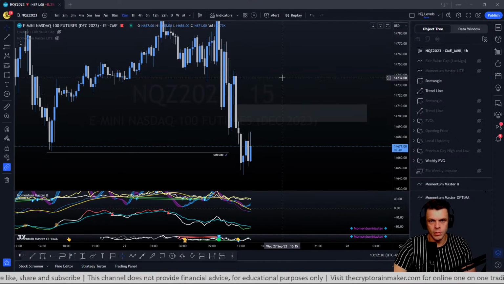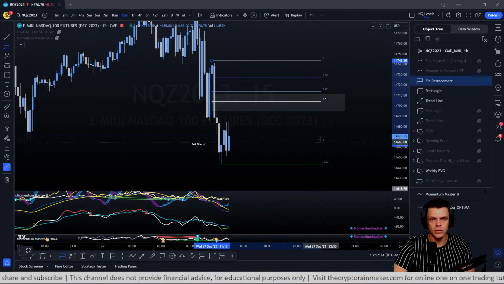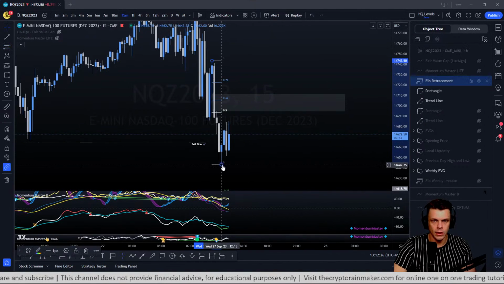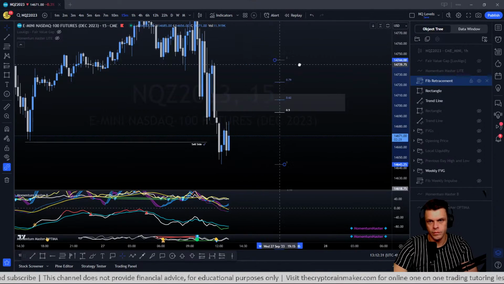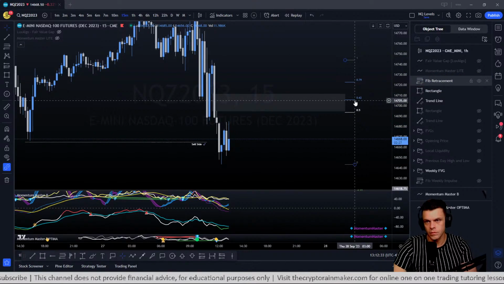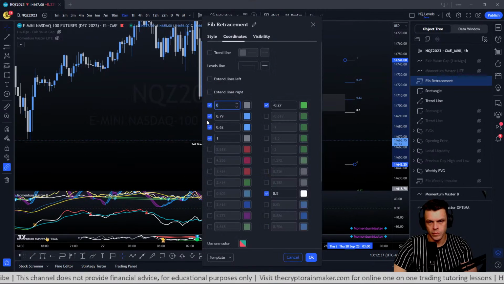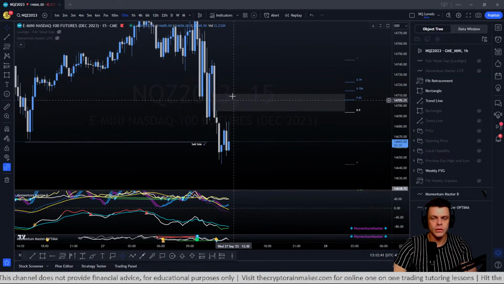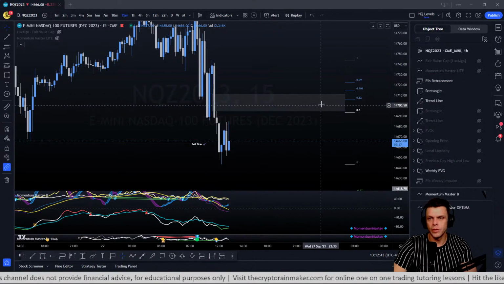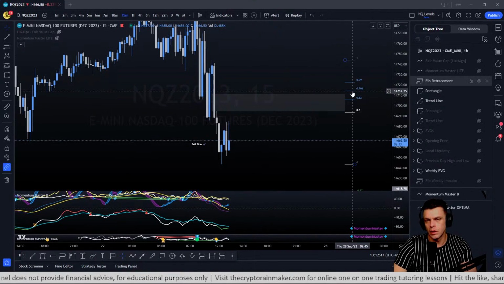Okay, so we have this imbalance on the 15-minute chart, and this imbalance is also in the premium area for this leg to the downside. We have this fair value gap on the 15-minute right above the equilibrium and just below the OTE.